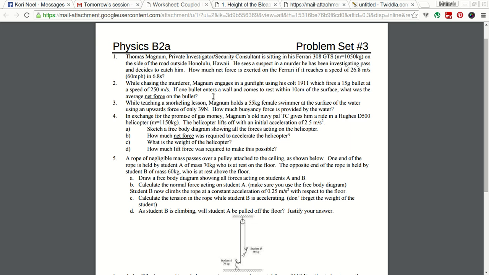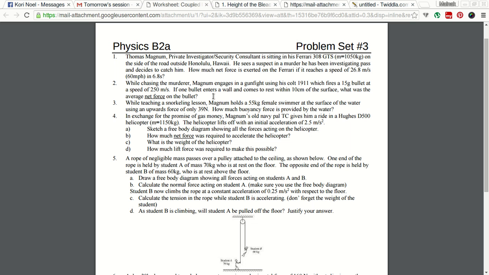Yes, so while chasing a murderer, Magnum engages in a gunfight. His gun fires a 15-gram bullet at the speed of 250 meters per second. If one bullet enters a wall and comes to rest within 10 centimeters of the surface, what is the average net force on the bullet?